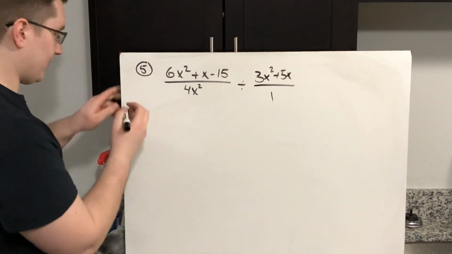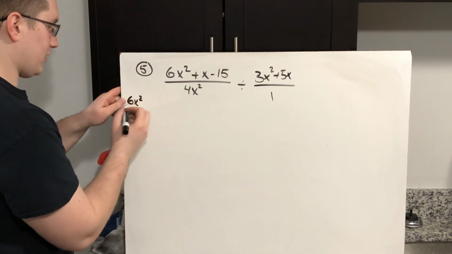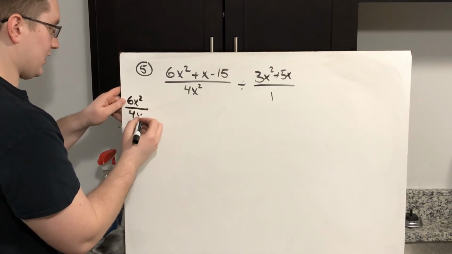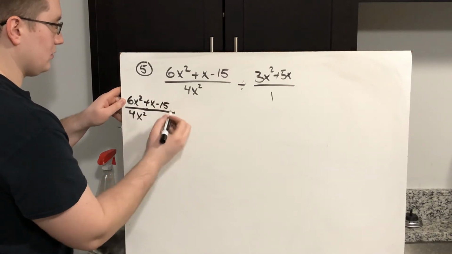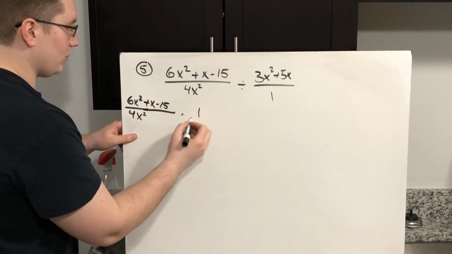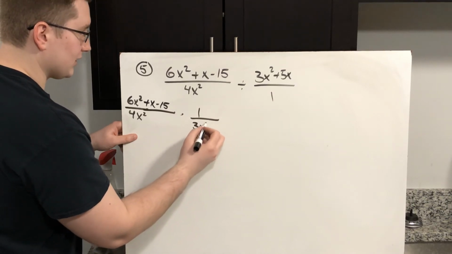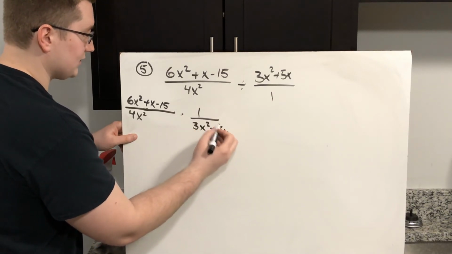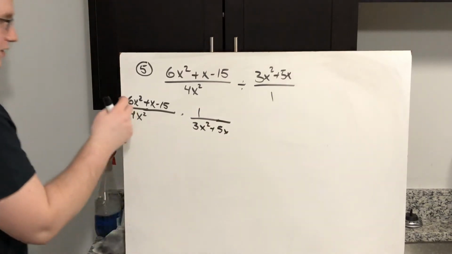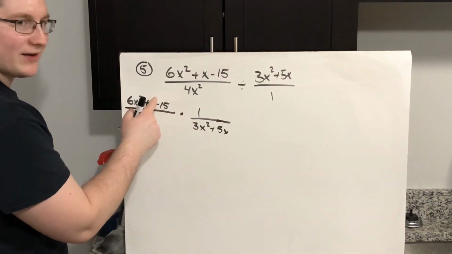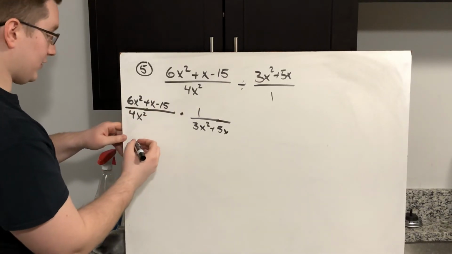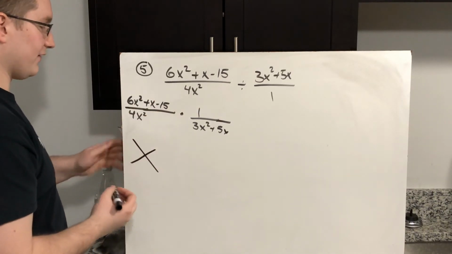So if I flip it, I get 6x squared plus x minus 15 over 4x squared, times 1 over 3x squared plus 5x. This is kind of a pain, but we know how to factor it. I can factor by grouping.